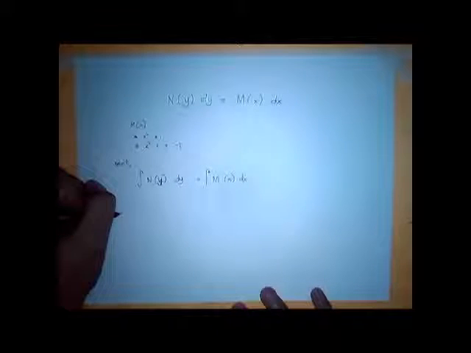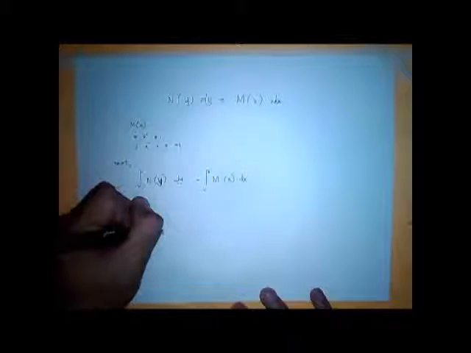So for example, we have this equation: 2y prime minus y cubed cosine of x is equal to 0. I think this is an easy question.